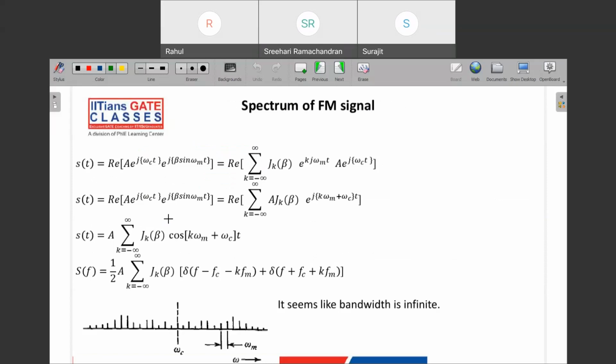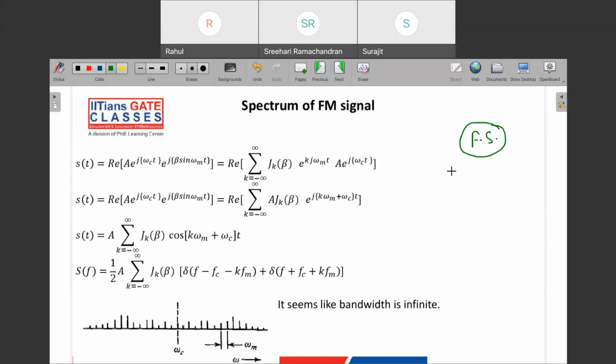Let me quickly go through the spectrum of the FM. The spectrum of the FM signal is slightly more complicated than that of the amplitude modulated signal. When you calculate the spectrum of the FM, it is a kind of Fourier series.